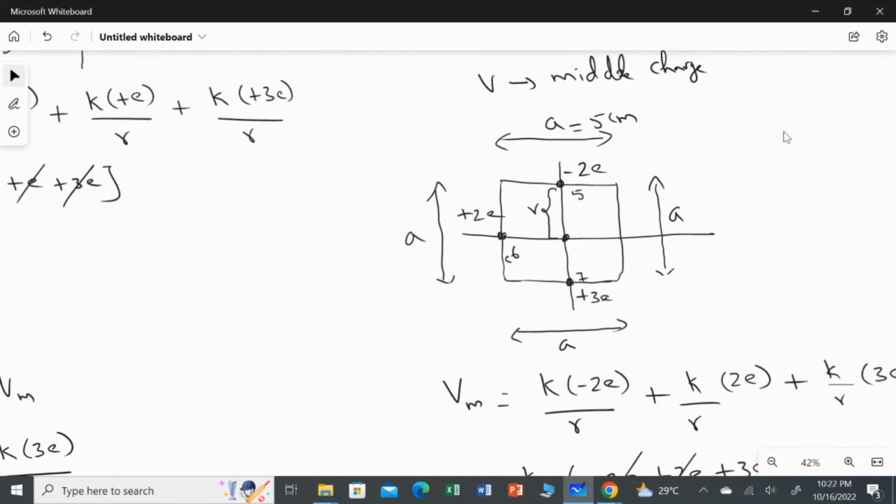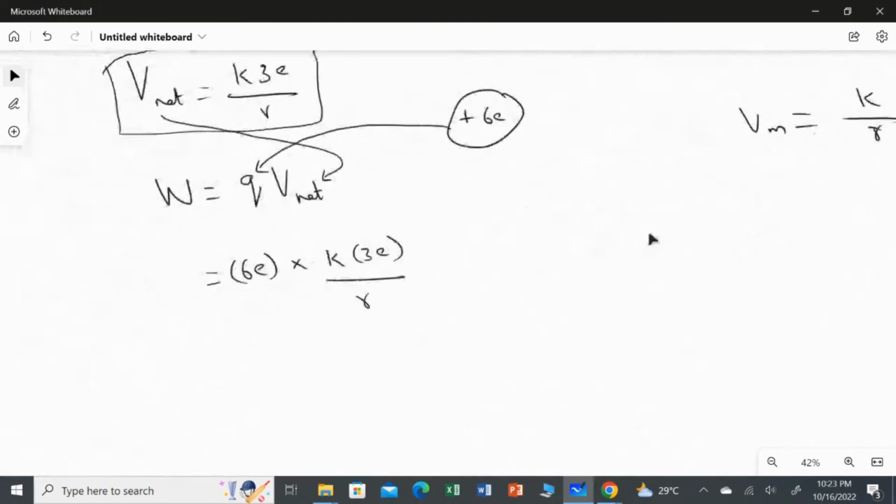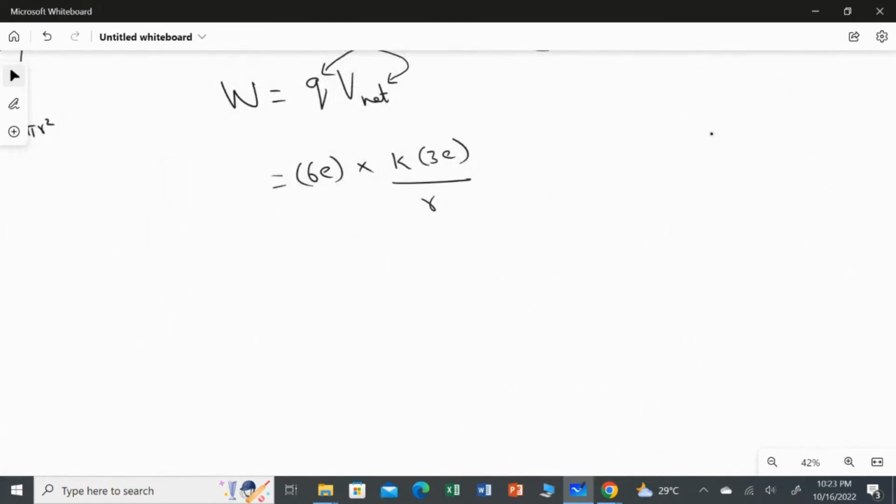So this is r, and this one is r. So the r value for all the middle charges is exactly half of 5 centimeter. So we have to substitute the value here, r as half of 5 centimeter. So here 6 multiplied by 3 is 18E square multiplied by K over r.